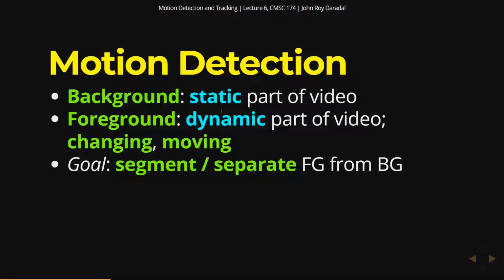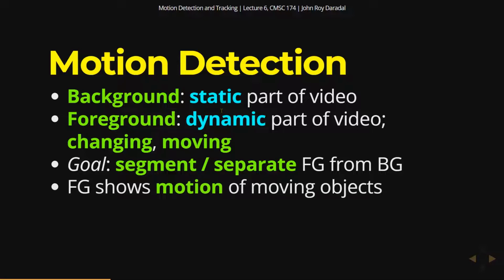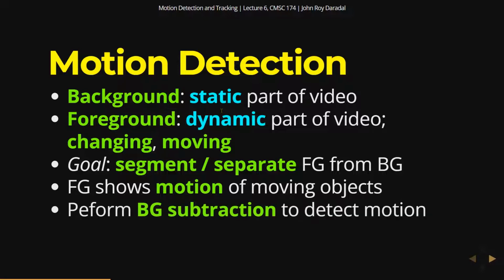So you just want to extract the foreground part, the moving part of the video. So that's why it's motion detection, right? The foreground will show the motion of the moving objects. So you want to subtract the background to detect motion. Okay, so that's why background subtraction is what we will do for motion detection.